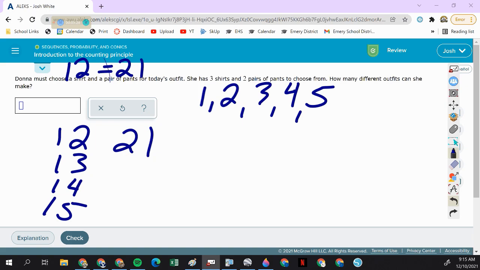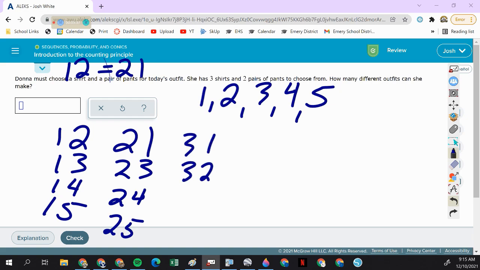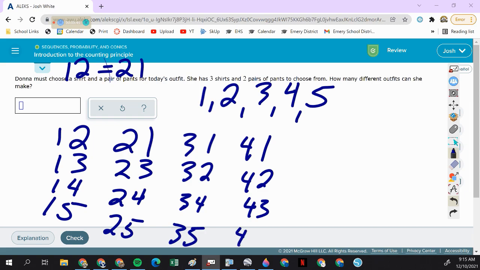So we could have 2 3, 2 4, and 2 5, and 3 1, 3 2, 3 4, and 3 5. 4 1, 4 2, 4 3, and 4 5, and 5 1, 5 2, 5 3, and 5 4. Okay.